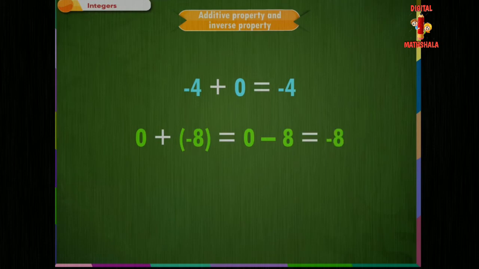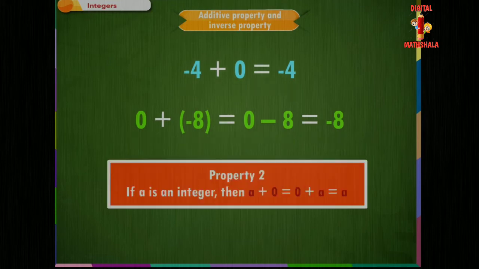Here, 0 is called the additive identity, which means on adding 0 to any integer, the integer does not change its identity and remains the same as sum. In general, we get property 2, which says if a is an integer, then a plus 0 is equal to 0 plus a is equal to a.